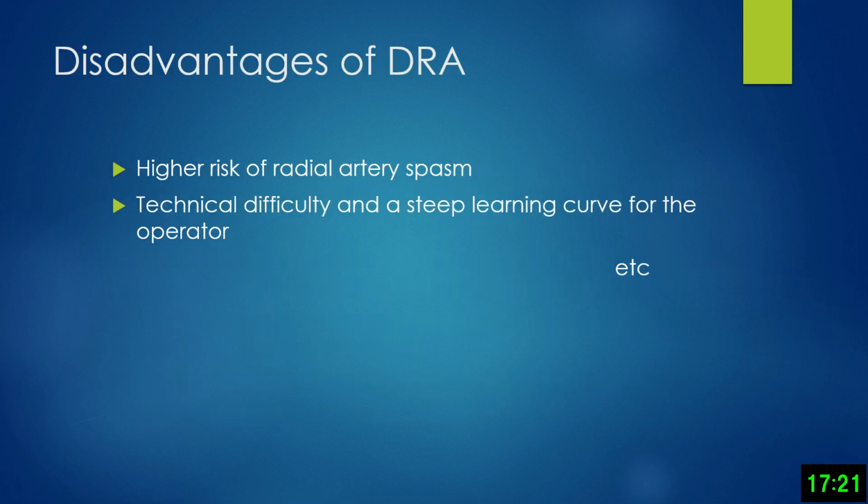On the other hand, the distal radial approach has a few disadvantages compared to the conventional radial artery: high risk of radial artery spasm and technical difficulty. These disadvantages can still play a significant role in hesitating to adopt the distal radial approach.